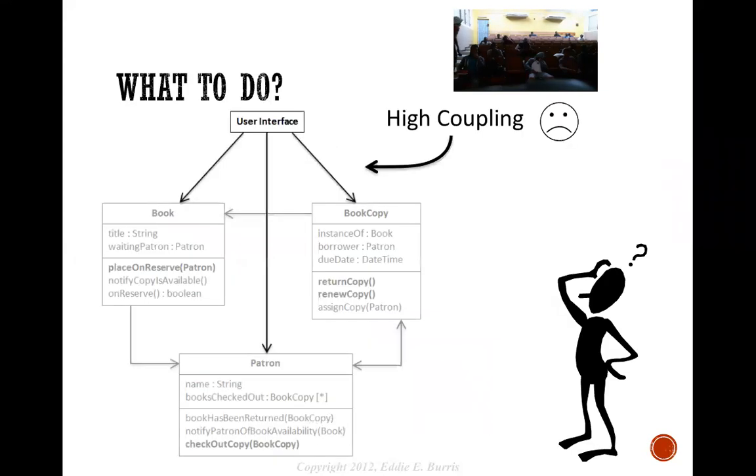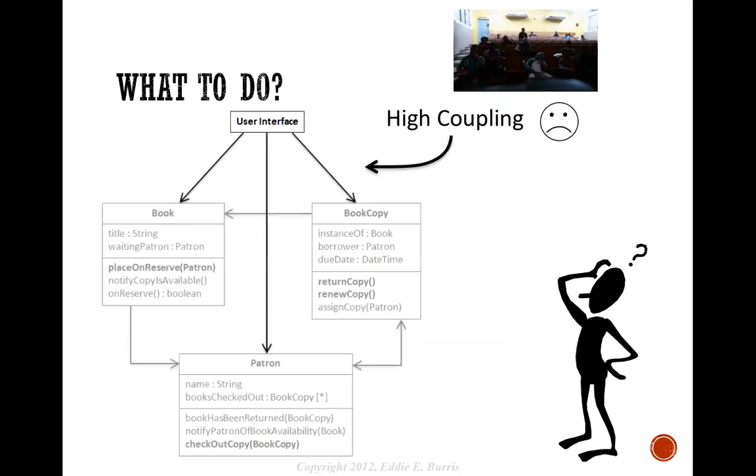In order for those services to be available to the user interface, so the problem is, and a common problem, you have to write a user interface class and try to access those services. It requires the user interface to interact directly with book copy and patron. And although it seems like it's not really high coupling, it is high because you only have 4 classes there.